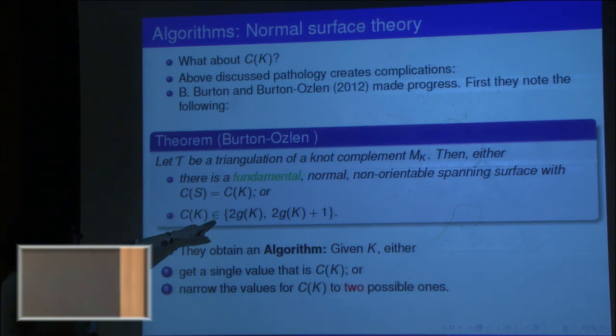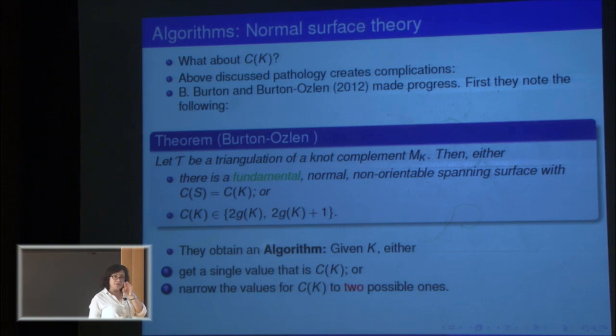Well, in this case, you don't have a non-orientable normal fundamental surface, all right? So there is an obstruction, yes, and the one obstruction is this trivial crosscap that I gave.